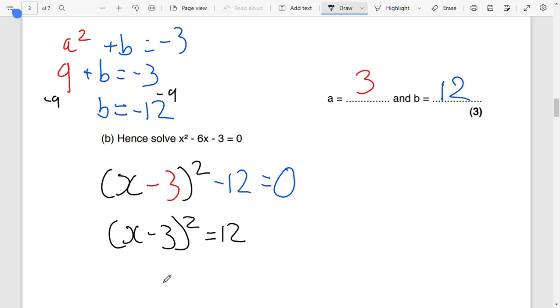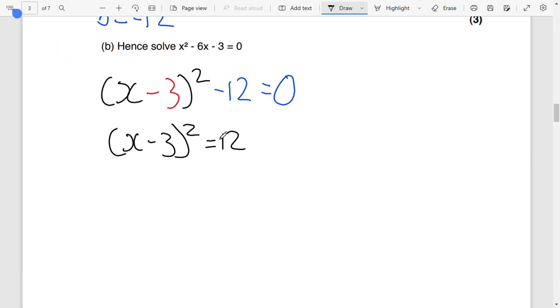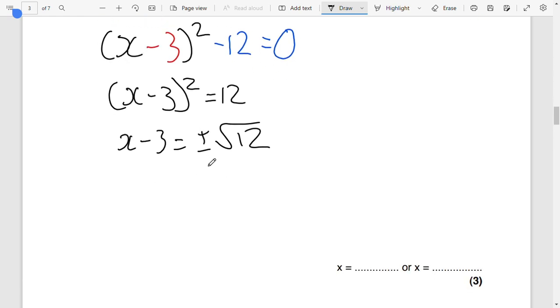Then we're going to square root it, but remember, when we square root something, it is going to be positive or negative. So x minus 3 equals plus or minus the square root of 12, and then we are going to plus 3. So x equals 3 plus or minus the square root of 12.